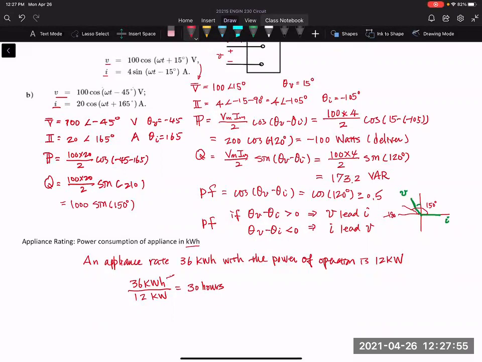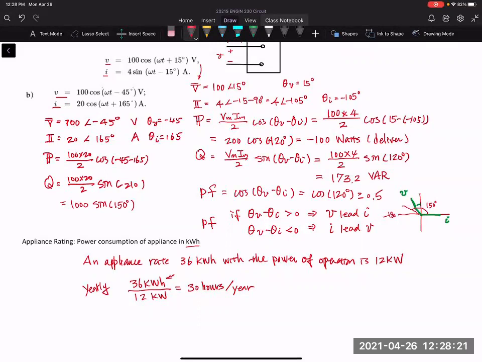But this number is like a yearly number. That means actually this is a yearly used power. So that means 30 hours per year of the operation of the component using 12 kW.